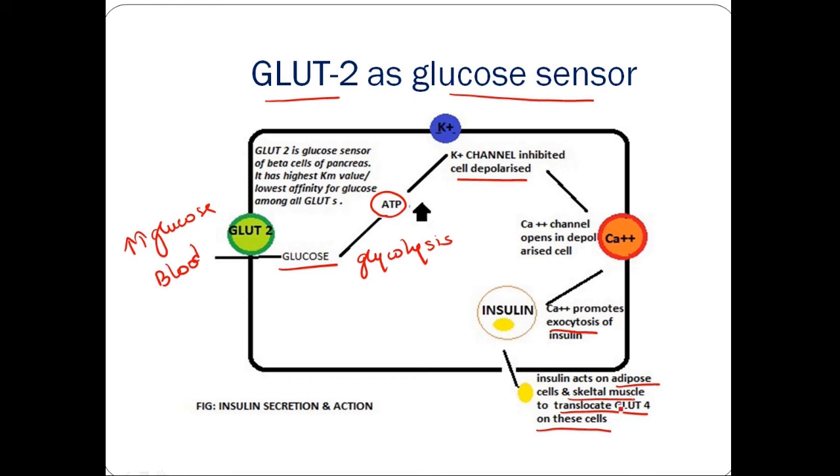We'll see later this GLUT4 will be present inside the cells, especially adipose tissue, skeletal and cardiac muscles, and when insulin binds to the insulin receptor in these cells, this GLUT4 will be translocated to the membrane, and this will be involved in glucose transport. So glucose will be transported from the blood inside the cells, and due to this, blood glucose level will decrease. We'll see it later.